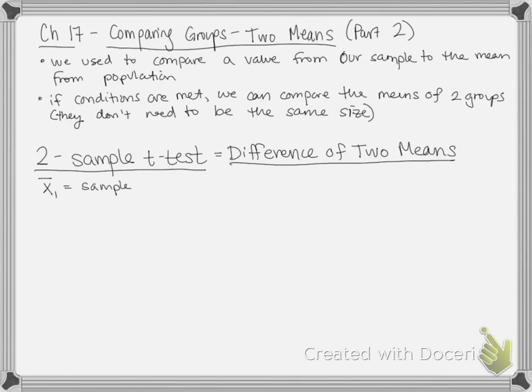This is the sample mean from group 1. And then they're also going to have their own standard deviation S1 and sample size N1. Then we're also going to get an X bar 2, which is the sample mean from group 2, and then an S2 and an N2.